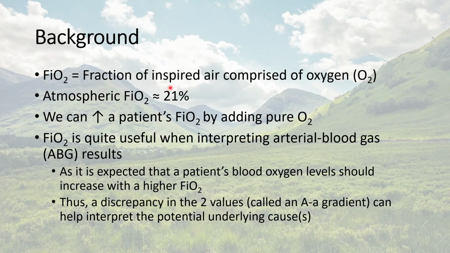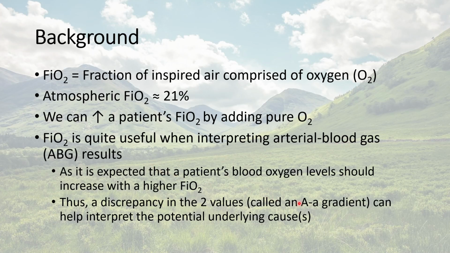FiO2 is the fraction of inspired air comprised of oxygen, which is labeled O2, and atmospheric FiO2 is roughly 21%. We can increase a patient's FiO2 by adding pure oxygen to what they breathe. The reason this is important is that it's quite a useful factor when interpreting arterial blood gas results, amongst other things.